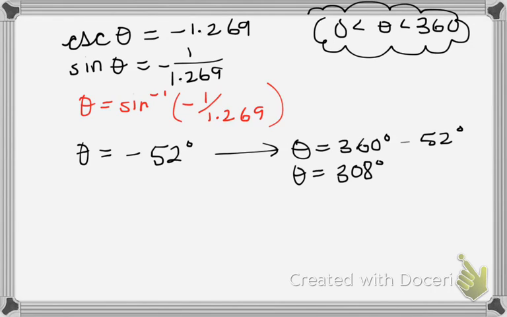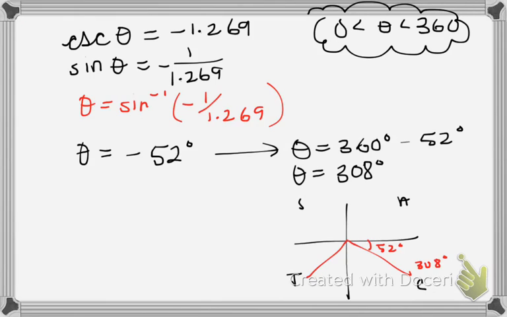I also know, based on the cast rule, that I have a second angle somewhere. So looking at cast, for me to have a negative sine value, I know my angles must be in the two quadrants where sine is negative. And that is the cosine quadrant and the tan quadrant. We just found the answer in the cosine quadrant, 308. We also found the little reference angle here.